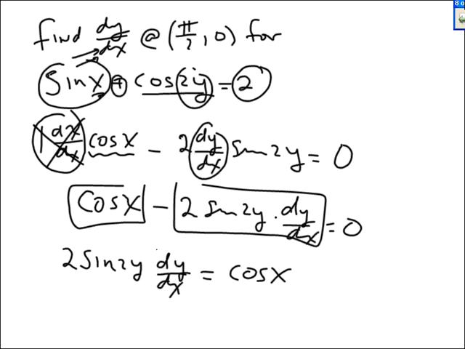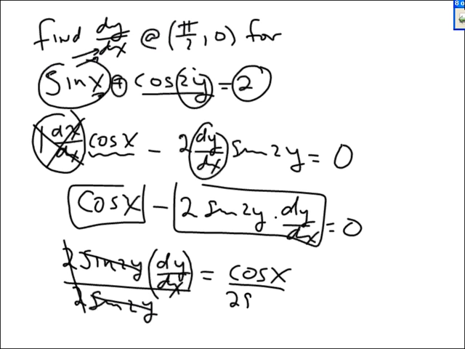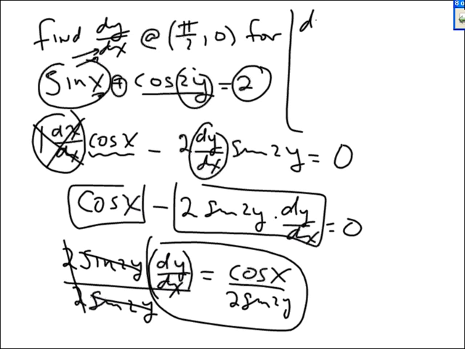Okay. I want to solve for dy dx. That is, I just divide both sides by what I don't want. I don't want the 2. I don't want the sine 2y. Do the same to the other side. And there is what dy dx equals. We just don't want any old dy dx.